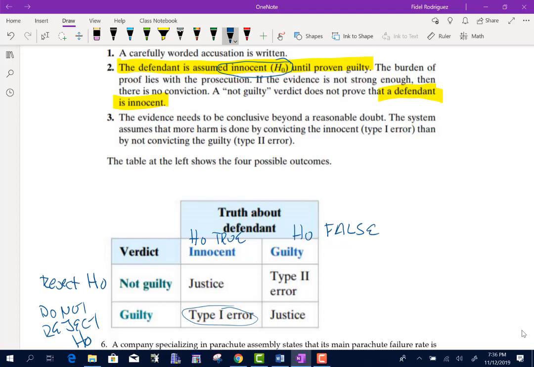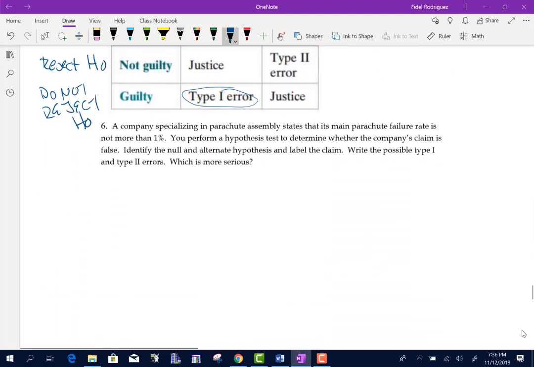And they're saying, at least in the legal system, that's a worse mistake than saying, okay, I actually robbed the bank. So suppose I actually really did do it, but the prosecutors couldn't prove it, and they let me go. The way the legal system here works is we would much rather have that than put innocent people in jail, okay?